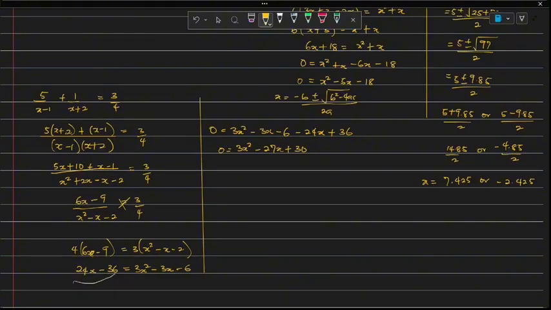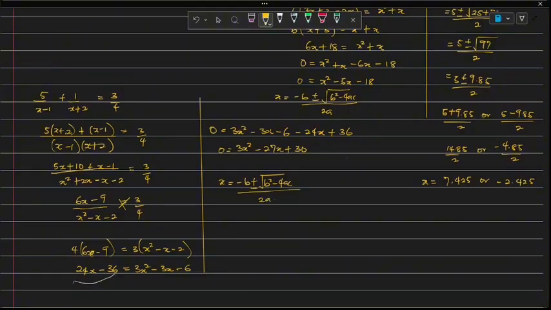We could use factorization to solve this, but it's unnecessary. Let's just use the quadratic formula once. Remember, x is equal to minus b plus or minus the square root of b squared minus 4ac, all over 2a.